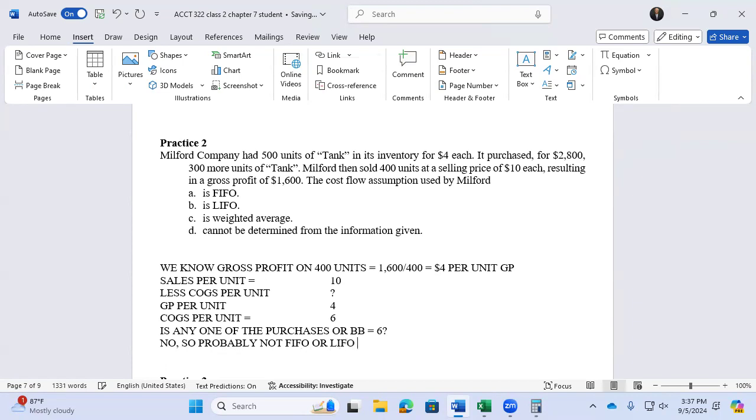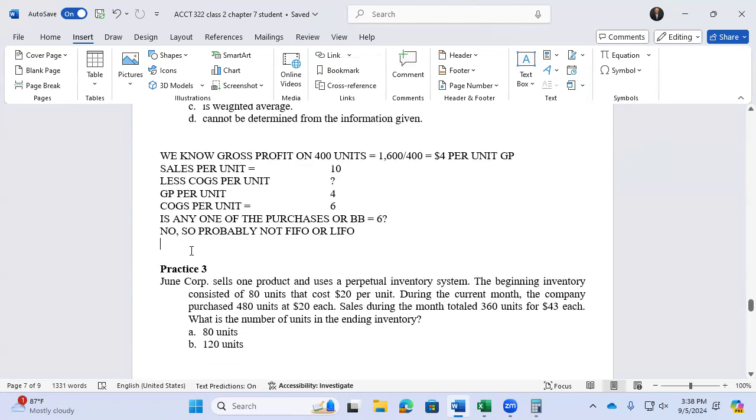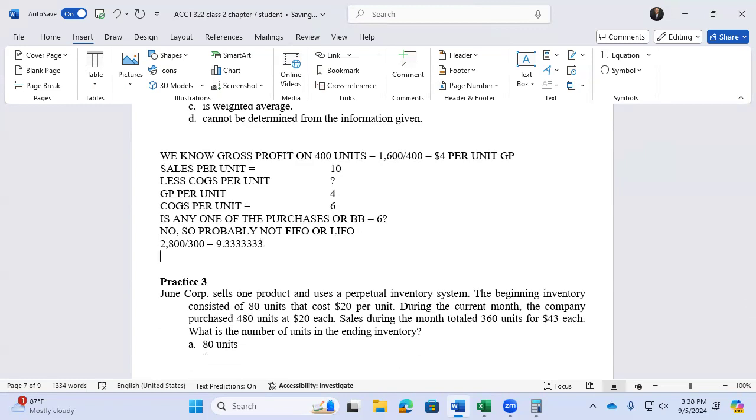I'm not saying that it's definitely not. I'm saying that when you see this case, here we know that this one was $4 each. And now we're looking at what was the other one? So we take 2,800 and divide by 300, which is 9.3333. So we know it's somewhere in between. Now the question is, is it weighted average? We just have to multiply it out and find out.